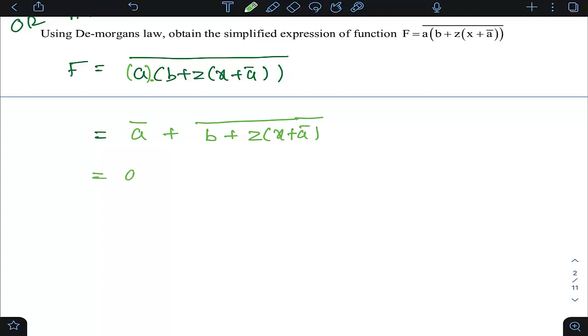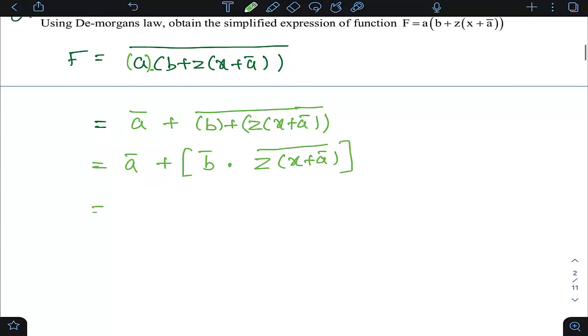So the first variable is again C, and in this case, this is one variable and this is the other variable. So this is plus. The first variable's complement is B bar dot Z, this is X plus A bar whole complement. Now again it is A bar plus B bar dot.